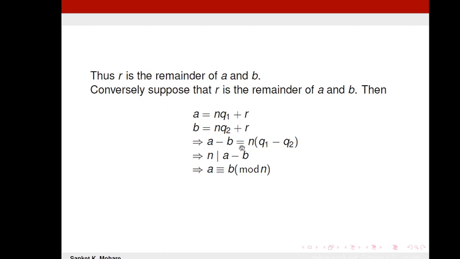So this implies, by the second recall, what was it? If a is congruent to b modulo n, then a minus b is equal to some kn, and vice versa. So this implies n divides a minus b, and as n divides a minus b, this implies a is congruent to b modulo n. This proves the theorem.